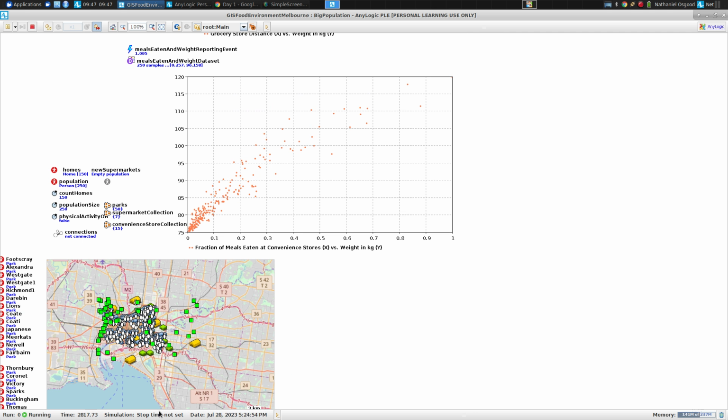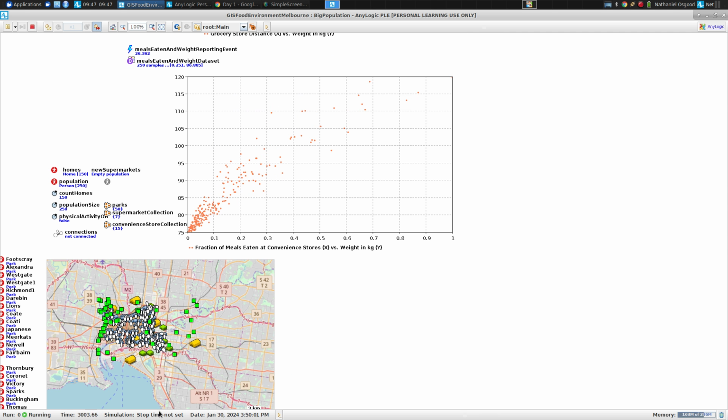But above this, we can summarize behavior associated with individuals across the population. So for example, here we have a scatter plot. Each dot represents a person. On the x-axis is the fraction of the meals they've eaten at the convenience store, and the y-axis is their weight in kilograms.